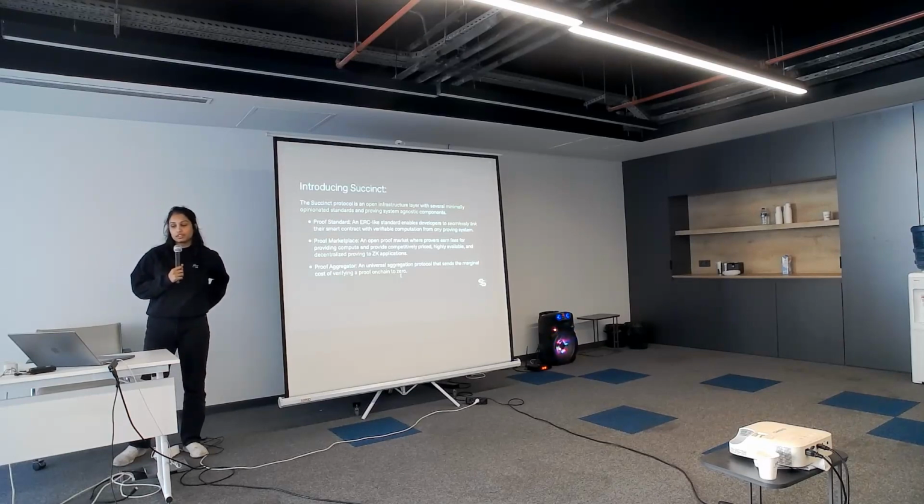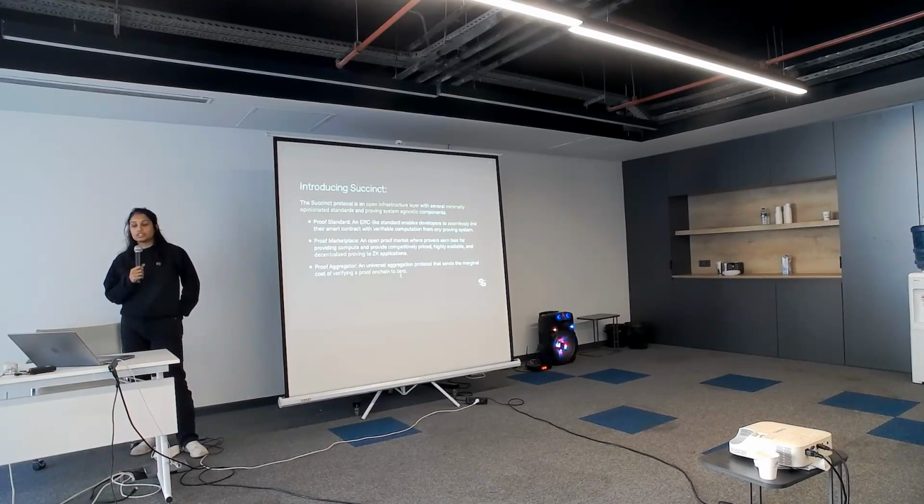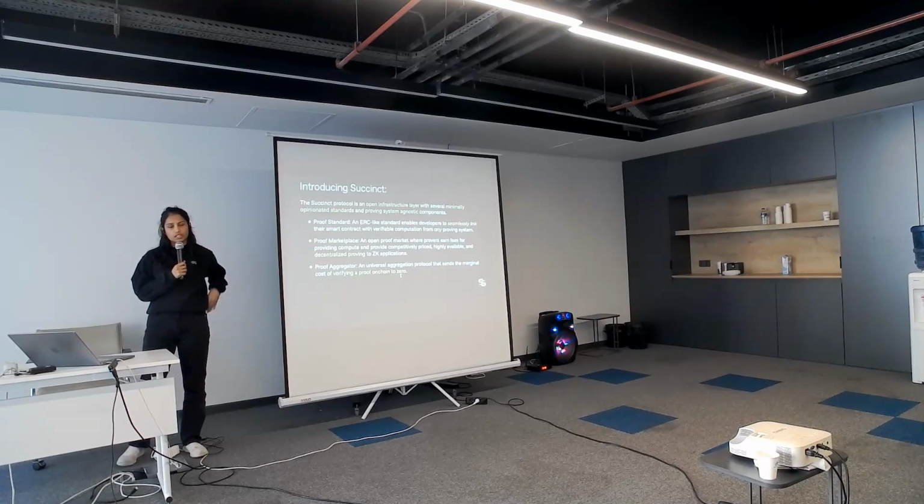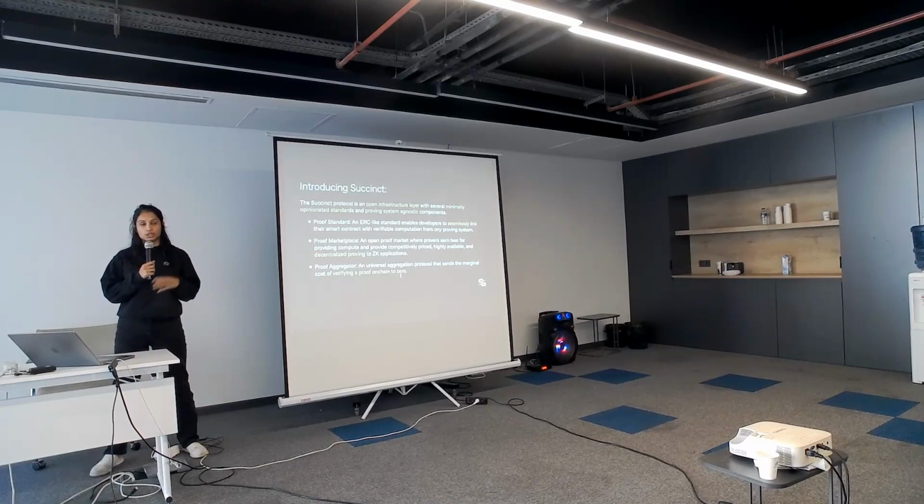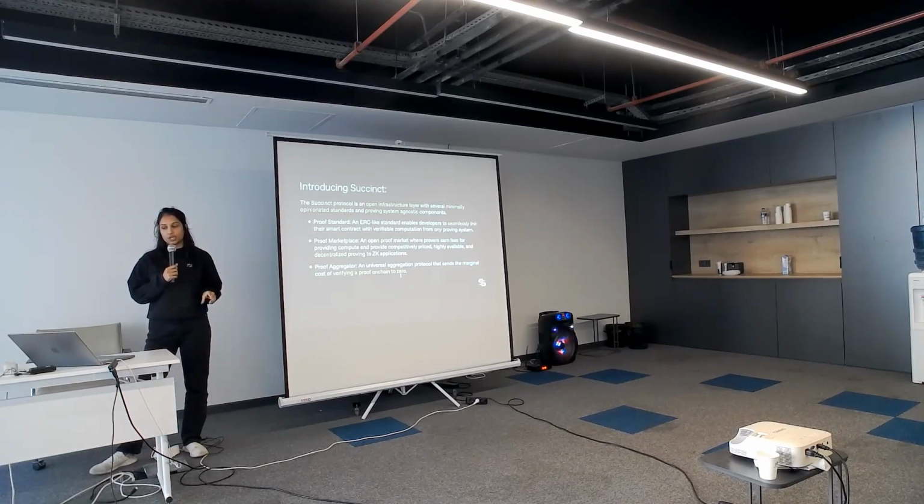The first component is this proof standard, which is this ERC-like standard that's really lightweight and minimally opinionated, that allows developers to link their smart contract and their on-chain logic with off-chain verifiable compute, and allows that verifiable compute to be done in any proving system.